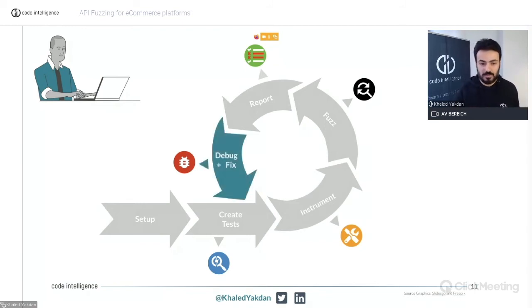With the end goal in mind, assuming we set up everything and fuzzing has found an error, what can we do to easily debug and fix it?